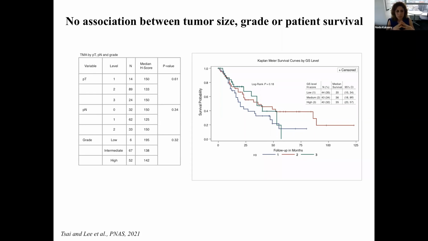you think about it, the fact that the staining for GS, this expression, is heterogeneous in the tumor is actually consistent with a heterogeneous gradient of nutrients, of glutamine levels.